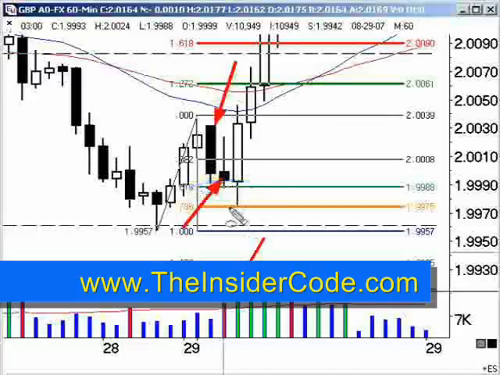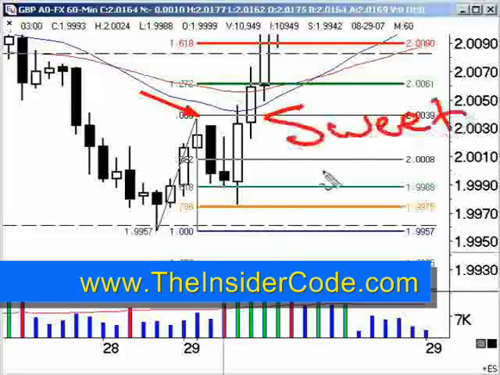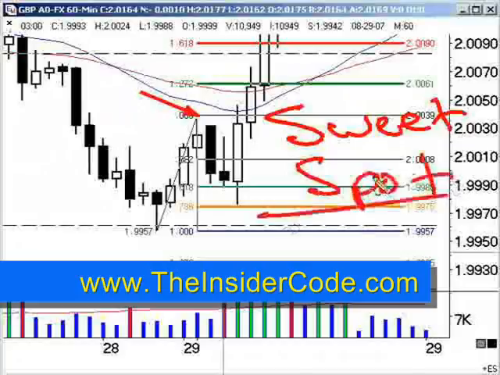But if you're still nervous, if you're not sure that the market is going to reverse, you're just not convinced, that's when you could wait for the market to push above the high here. At that point, absolutely, you need to be inside the sweet spot. That's going to be one of the key criteria.